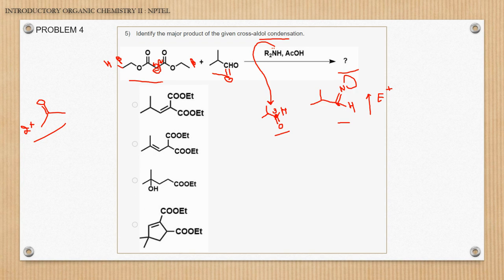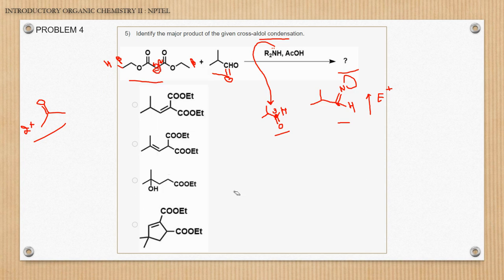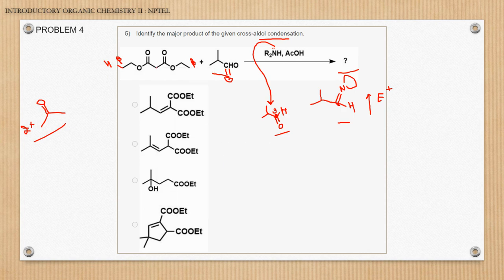What do we mean by active methylene compounds? This methylene group, the group at the alpha position, right? We call it methylene. As these are methyls, this is methylene. So active methylene means the methylene group is highly active in those compounds.